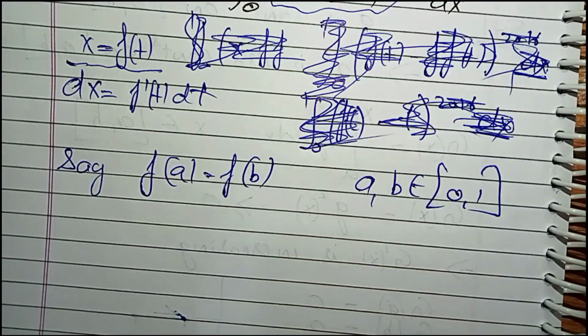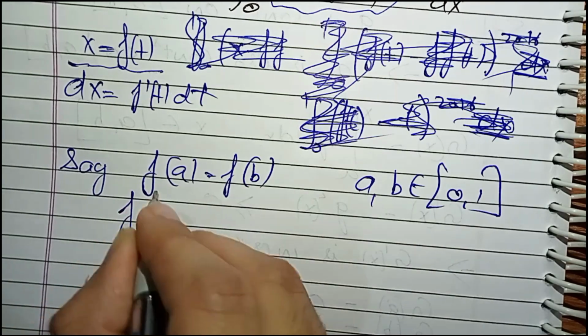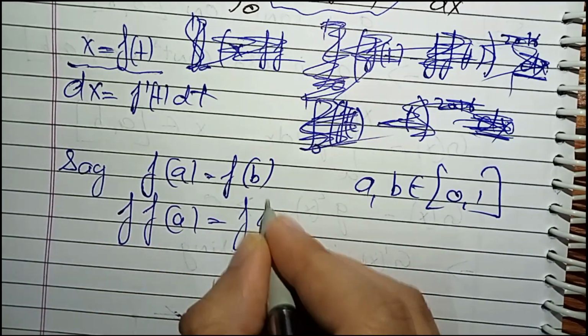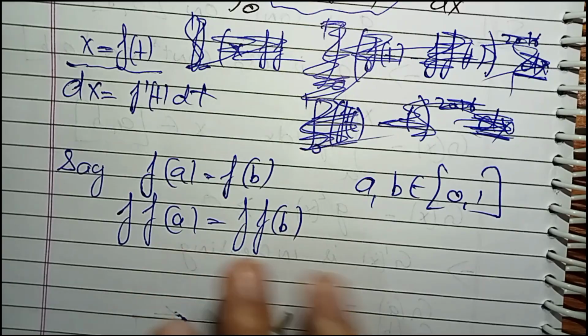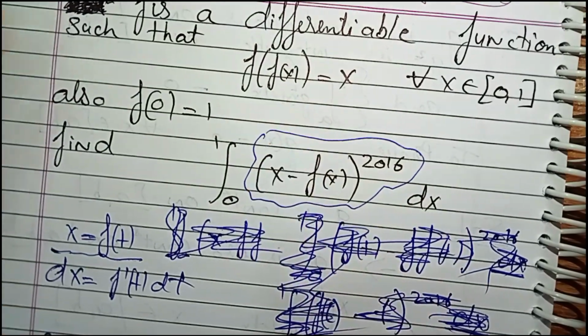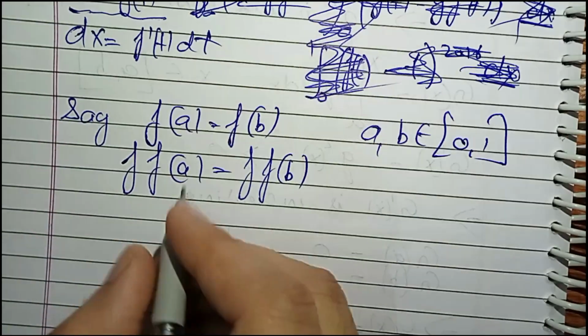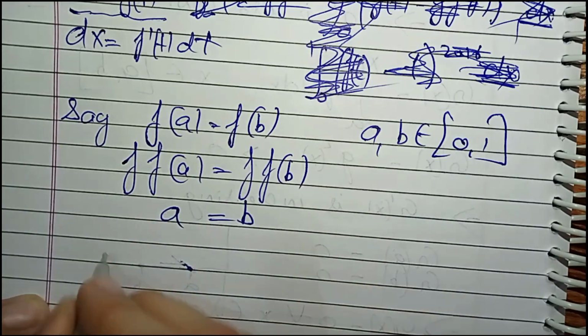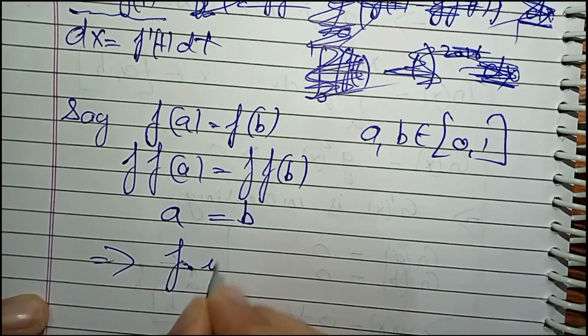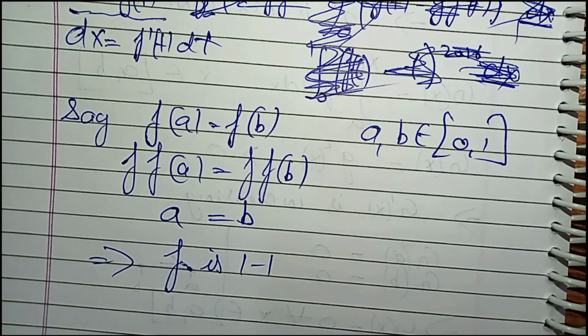I will apply f, so f of f of a is f of f of b, which from this I get a equals to b. So it wasn't very hard, right? Implies f is 1-1. So proving that f is 1-1 wasn't really hard.